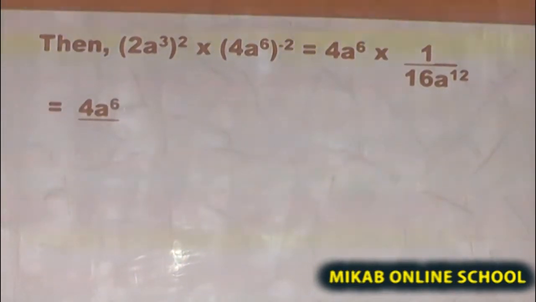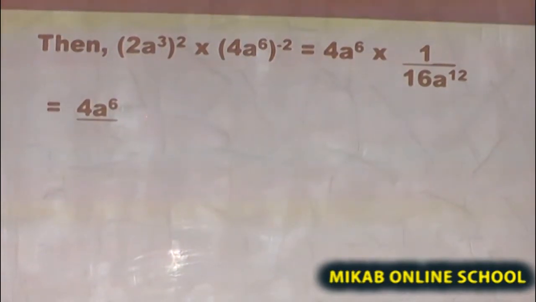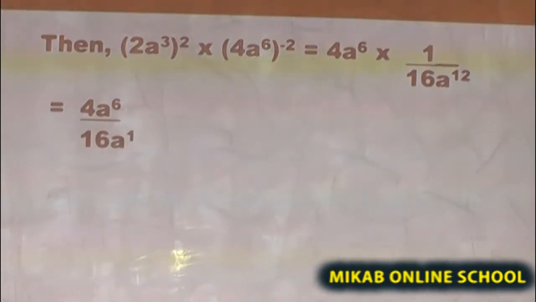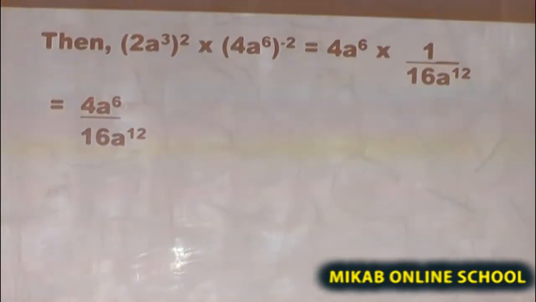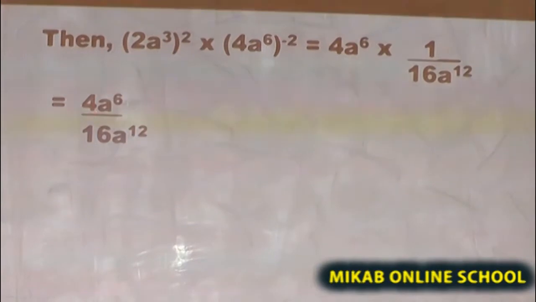And if you multiply this 4a raised to the power of 6 by this one, the result will still remain the same. That is, we are going to have 4a raised to the power of 6 all over this 16a raised to the power of 12. And 4 will now divide.